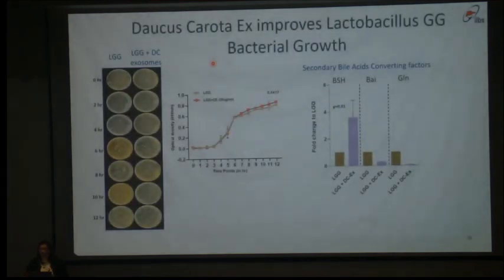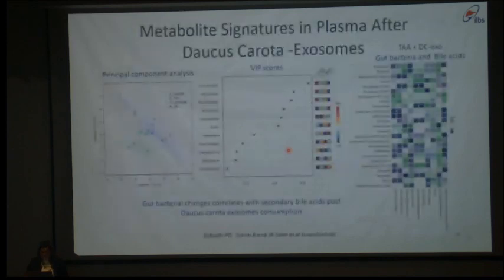Not only this, we wanted to understand whether this good bacteria can take up these carrot exosomes or not. We found that yes, after giving the carrot exosomes to the LGG in culture, the LGG bacterial growth was higher, and at the gene level, the genes involved in converting primary bile acids to secondary bile acids were upregulated after giving carrot exosomes in the bacteria.